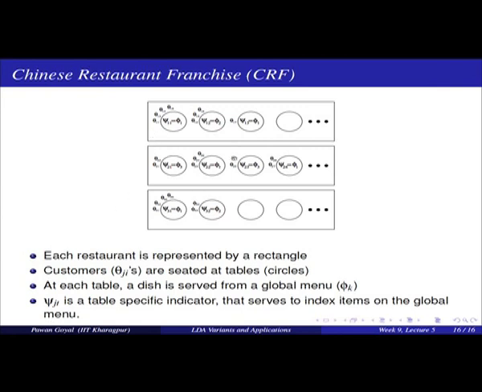So this is a table indicator. By modeling this, you will know the assignments of your different words to different topics in all these documents. The interesting thing is that you did not have to tell a priori how many topics you need, but the model can itself learn that from the observations.